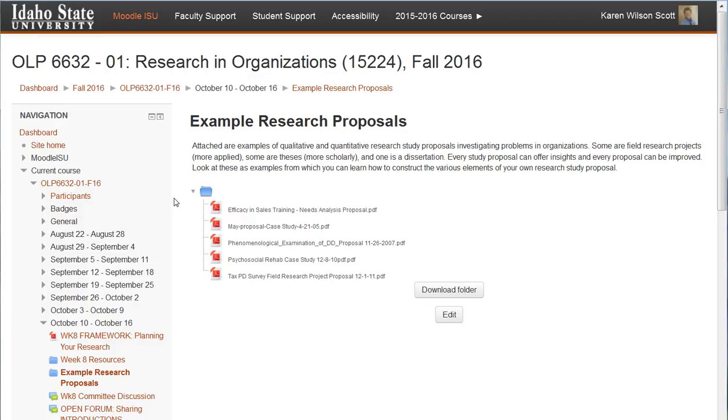So if you're going to do a needs analysis, or a case study, and probably none of us are going to do phenomenology, there's another case study and another survey. So this is a survey and this is a survey. This is a case study and this is a case study. So take a look, and hopefully they will help you in the design of your own study.